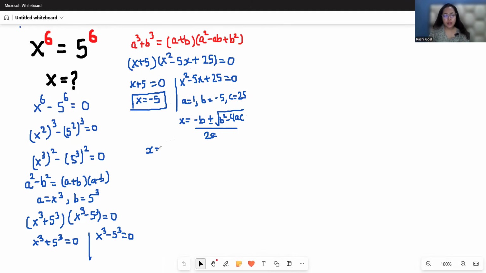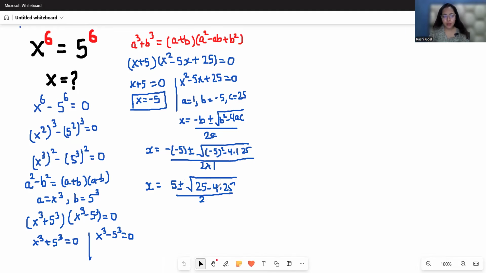So x equal minus minus 5 plus minus under root minus 5 square minus 4 times 1 times 25 by 2 times 1. So x equal 5 plus minus under root 25 minus 4 times 25 by 2.